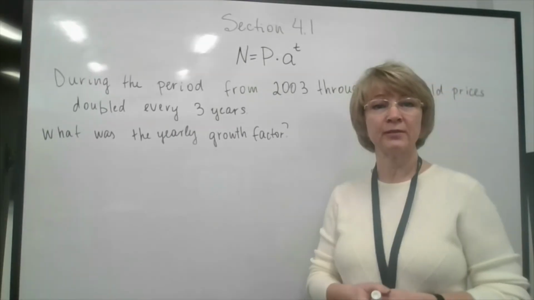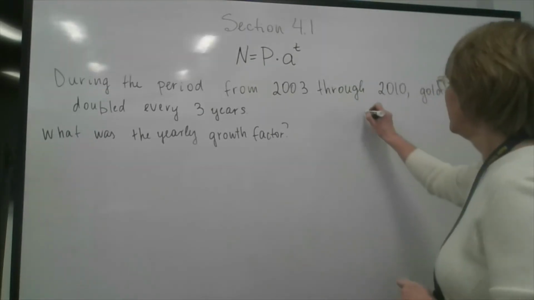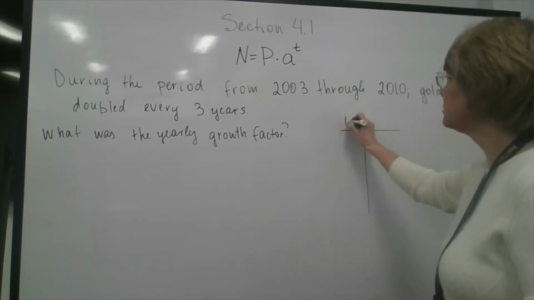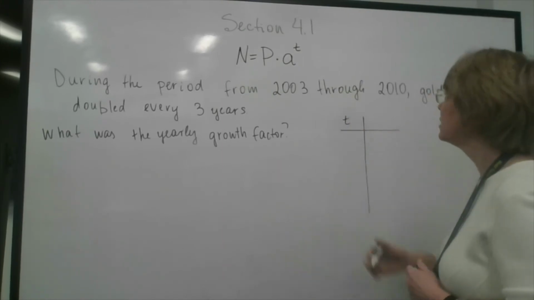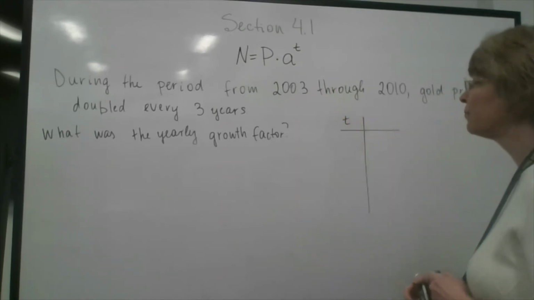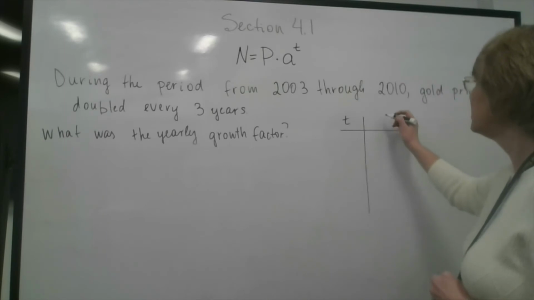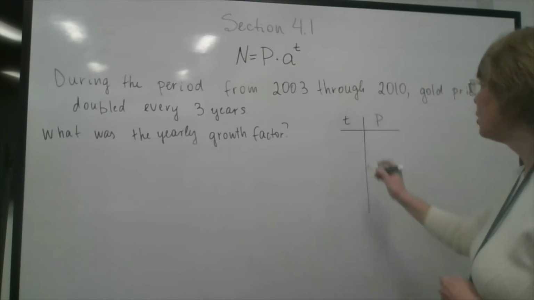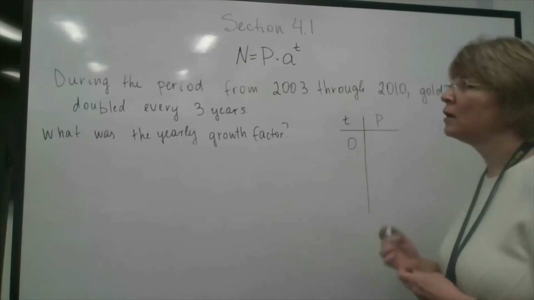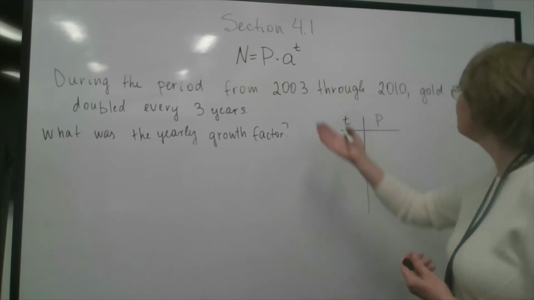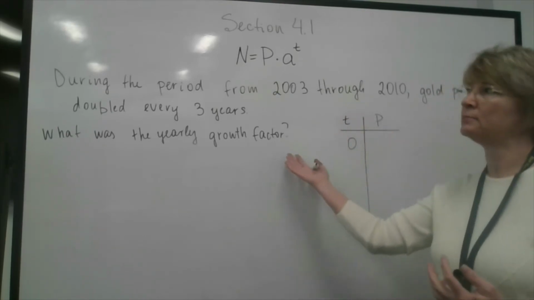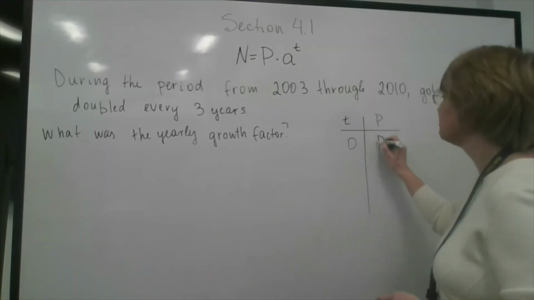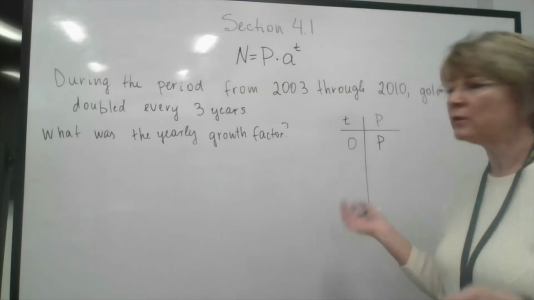Again, my favorite tables. This is my years since 2003, and this is the price of gold. So in the beginning, in 2003, do we know the price? I don't see it. So I will say it's my P, the initial value.